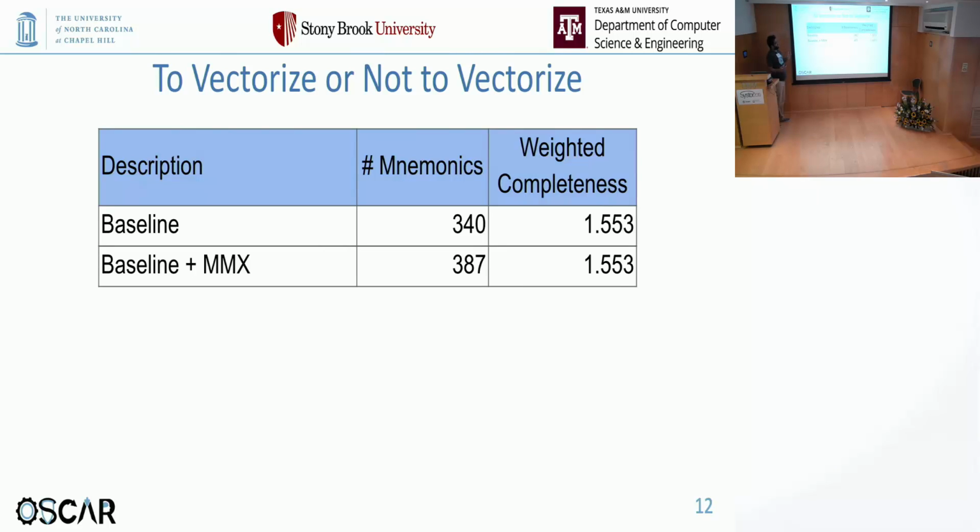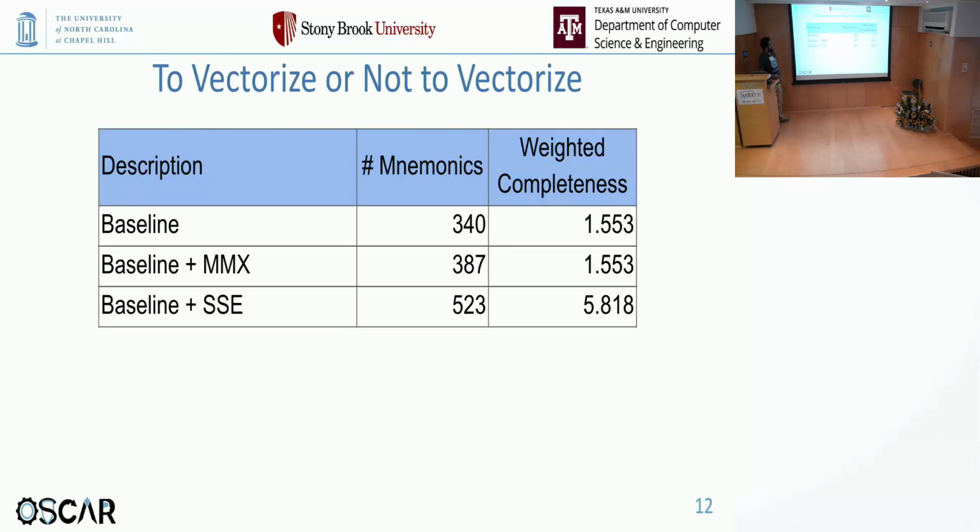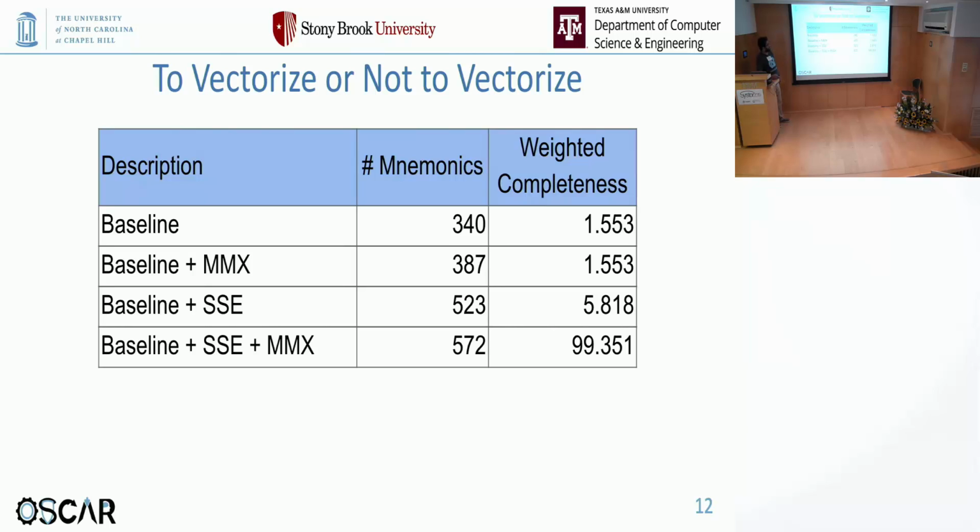So what happens when we start adding in the SIMD instructions in the order they appear chronologically? With MMX, you're still around the same. If you try SSE, all 4 generations of SSE, you get a little bump. It goes up to about 5%. But where it gets interesting is the instant you add both of these, you immediately hit 99% of all packages.